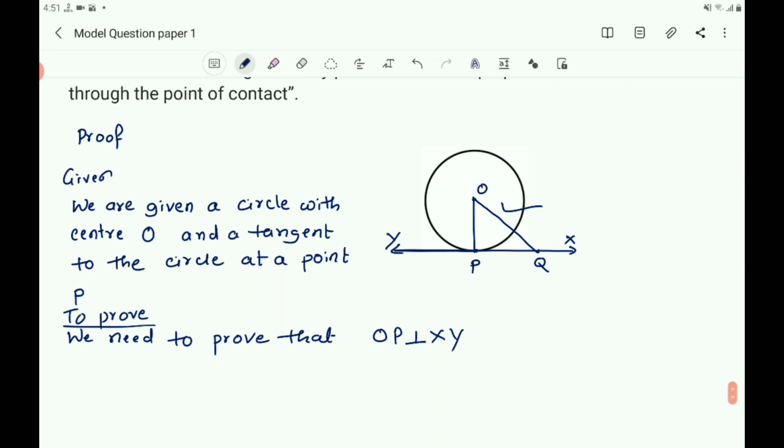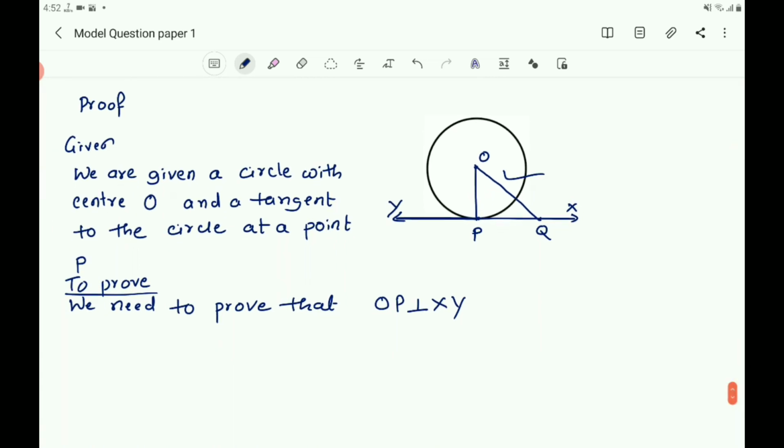Now we have to prove that OP is the smallest of all the distances drawn from the points on XY other than P. You know that the point Q lies outside the circle.